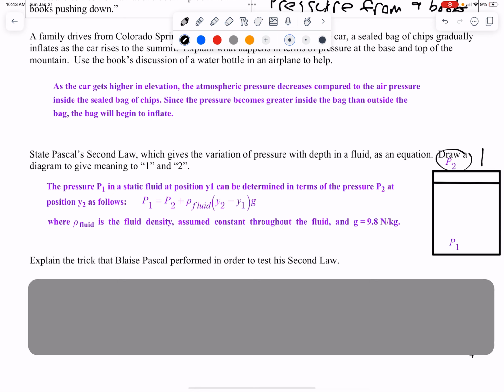That's the atmospheric pressure, plus the gauge pressure. So all of this, rho of the fluid times the difference in your positions, which is the depth, times g, that's your gauge pressure. Where rho of the fluid is the density of the fluid, assumed to be constant throughout the fluid.